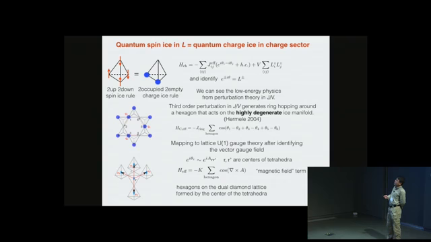This ring hopping is basically moving this charge from here to here, this charge to here, and this charge to here. So it's a third order process, a ring hopping term.